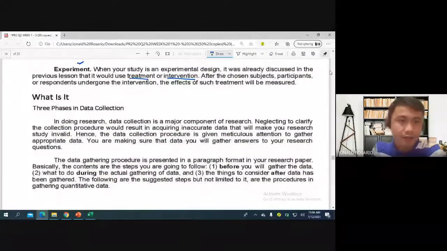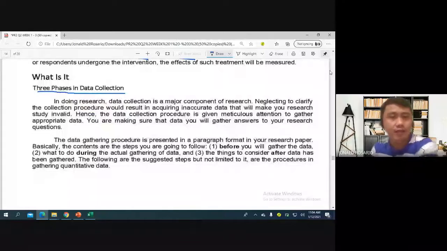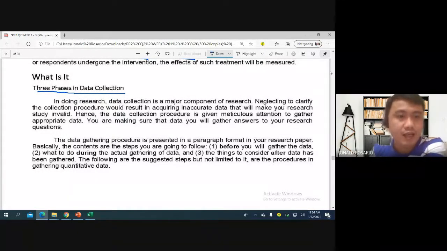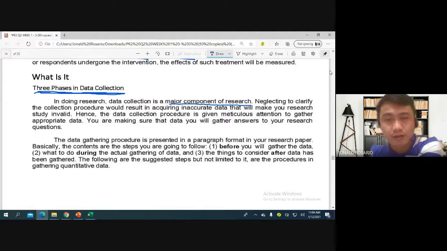Okay. So, what are the three phases in data collection? Tandaan ito and pakiunawaang maigi kasi ilalagay ito sa chapter 3. In doing research, data collection is, of course, the major component of research. Kapag walang data collection, hindi tayo makakakuha ng result ng study.